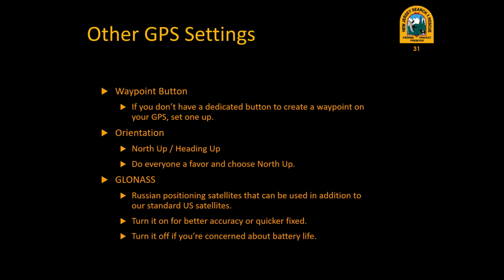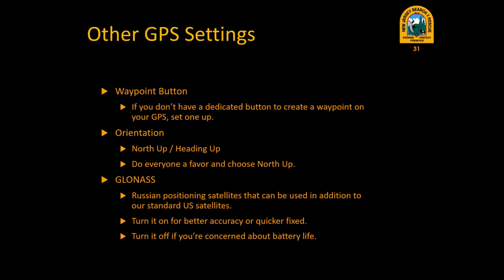Many GPS devices also involve more than just GPS satellites. For example, GLONASS, which is a Russian positioning system similar to the GPS system that we use in the US. Turning the setting on can give you better accuracy or a quicker fix.